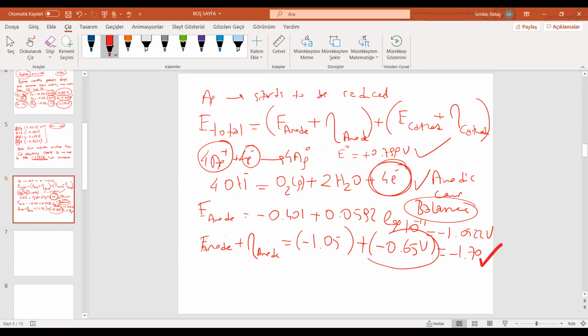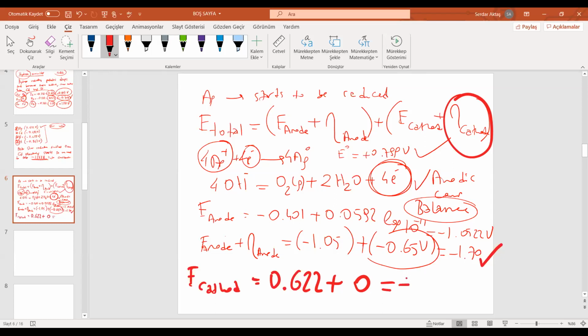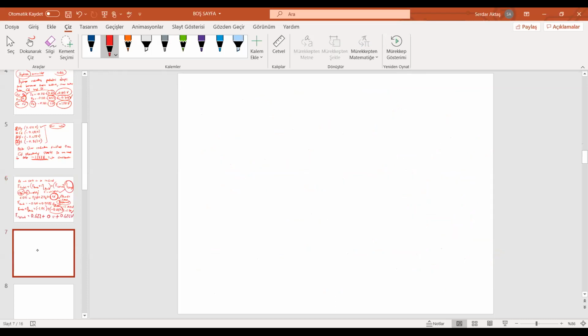Let's look at the cathodic compartment. The reduction potential of silver at the cathode is 0.622 volt plus 0 volt, because there is no overvoltage for silver to be reduced, so you don't need to pay any price. Then this is plus 0.622 volt.